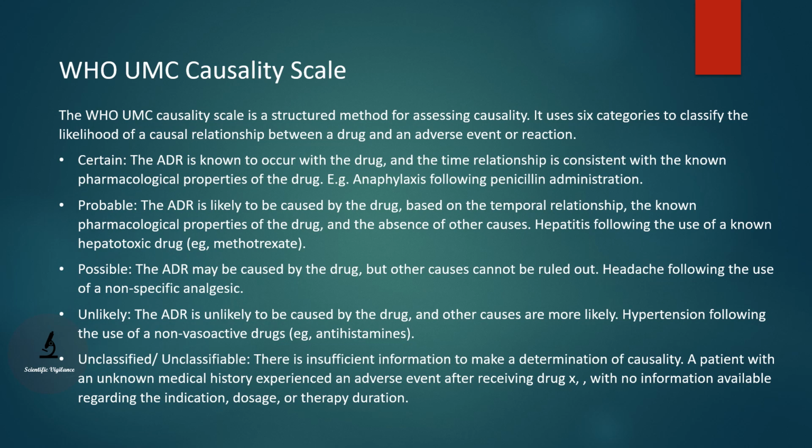Meticulous classifications within the WHO UMC causality scale are essential tools in the realm of pharmacovigilance, aiding in the systematic evaluation of the relationship between drugs and adverse events, and ultimately contributing to the enhancement of patient safety.